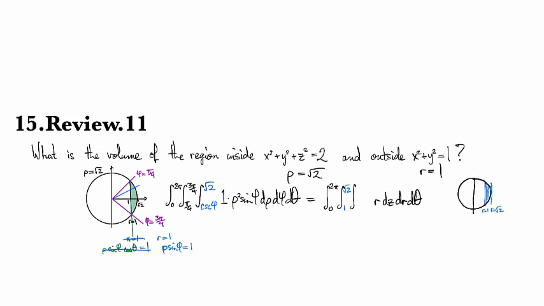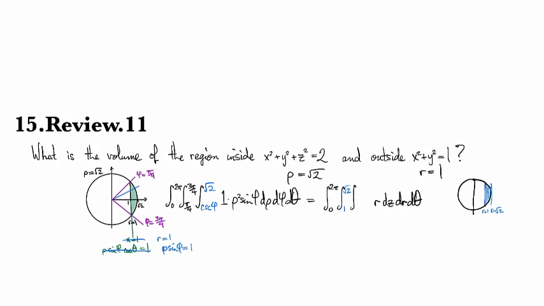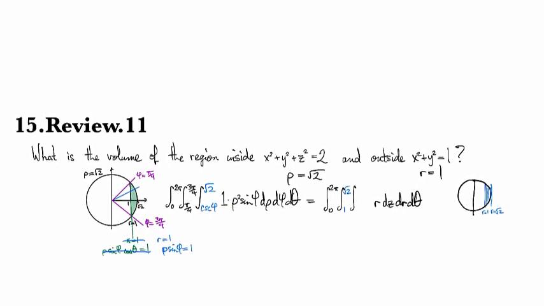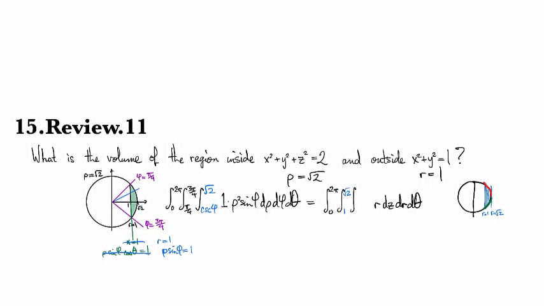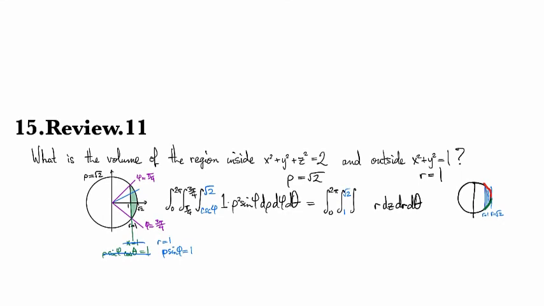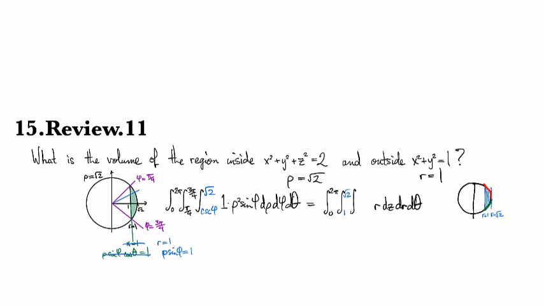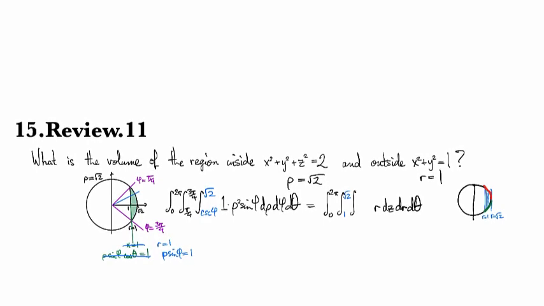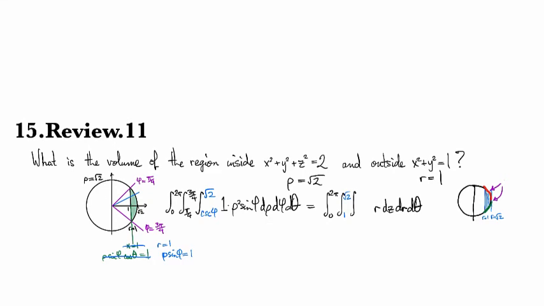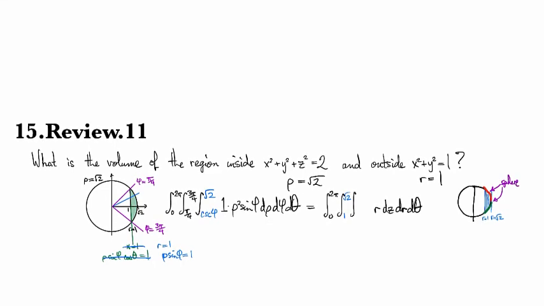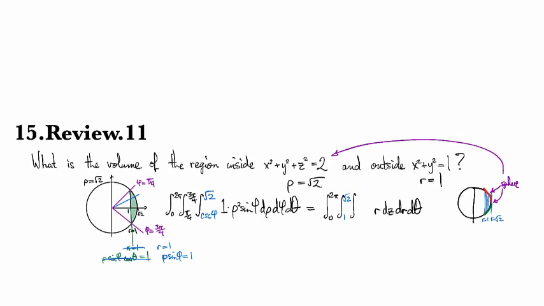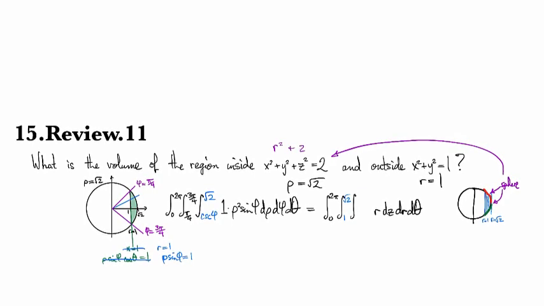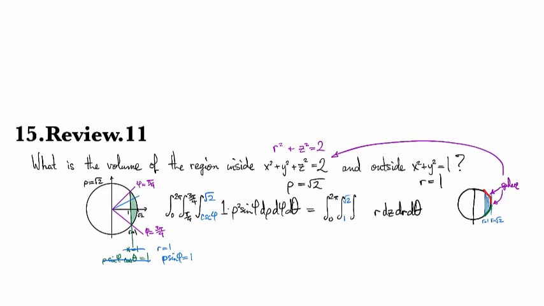And then z is going to be going from top to bottom here on any one of these. So it's going to be going from the bottom curve up to the top curve here. So that means I need to go back to my sphere. These points here are coming from the sphere equation. So I go back to my sphere equation and say, okay, so this becomes r squared plus z squared equals 2.